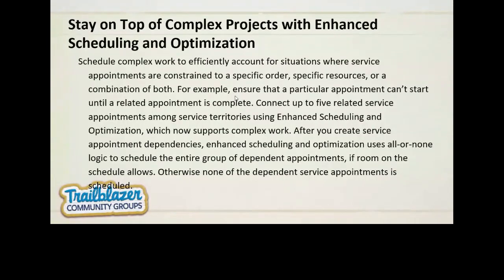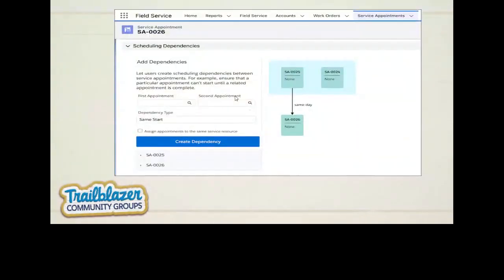They have the flexibility to start the second appointment before closing the first, given they are scheduled one by one. But with this feature, you can say what the first appointment is, what the second appointment is, and whether there is any dependency between them. You can create that dependency and make sure the field agent doesn't start the second appointment before he completes the first.